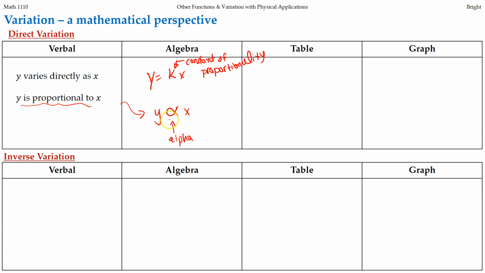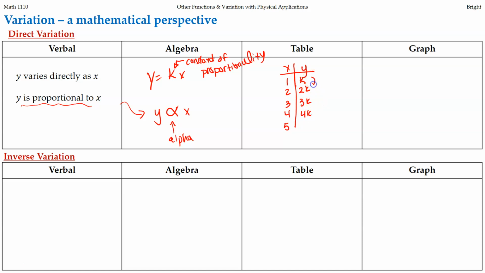We can't really do much with that mathematically, but this other form, y equals kx, is extremely useful to us. If we look at a table of x and y, and I'm going to use some funny numbers here, as we increase x, y is going to be k, then 2k, then 3k, and 4k.